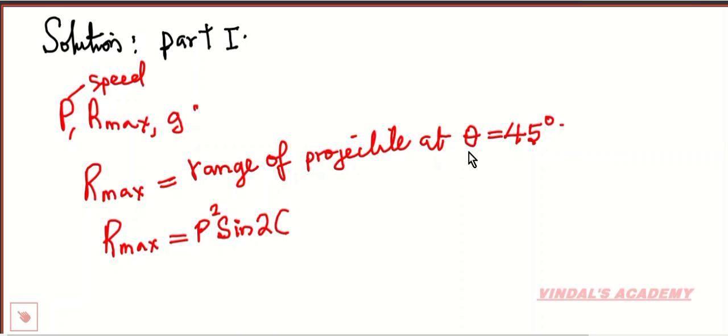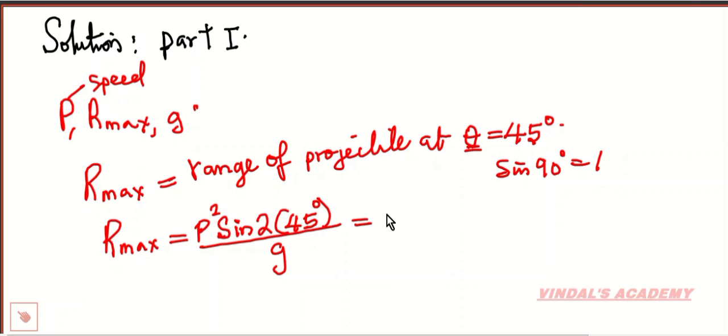In place of this angle, I'm going to put 45 degrees there, all divided by acceleration due to gravity, and that is G. So at this point, 2 times 45 is 90. Whenever you have sine 90 degrees, the answer is 1. So this is going to be P squared all over G. So this is the equation combining R max, P, and G.